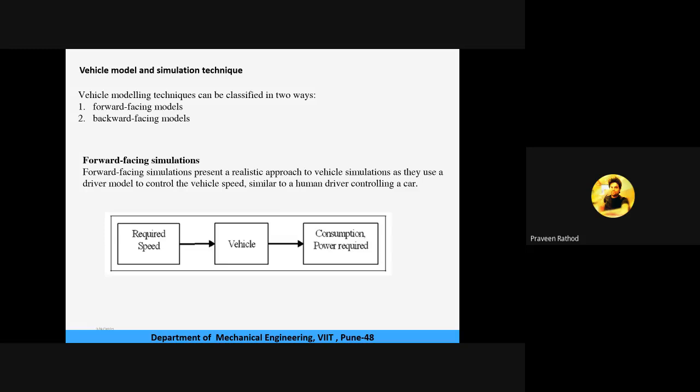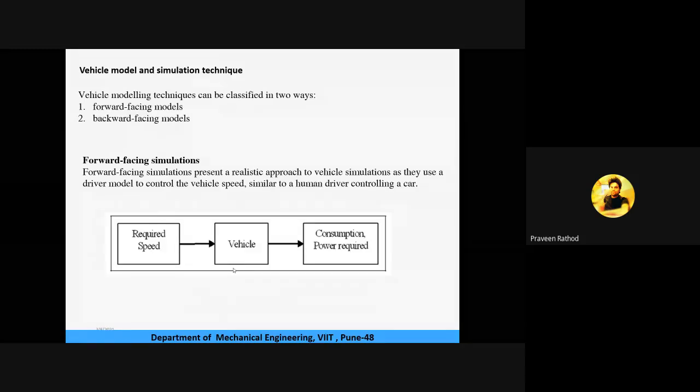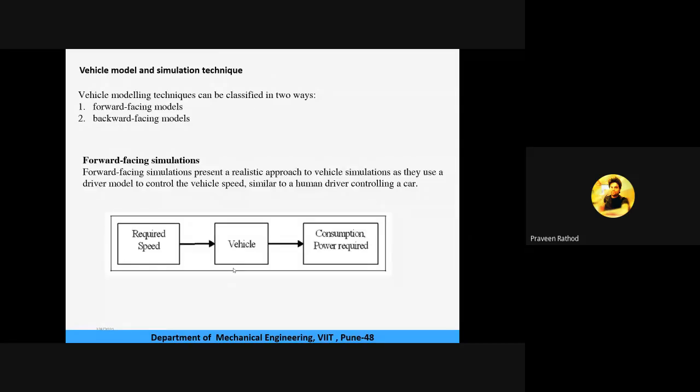Okay, so as I said over here, the longitudinal model has been taken into consideration, and lateral dynamics are ignored in the case of forward facing simulations. So whatever electrical vehicle we have designed, we have designed for the forward vehicle simulation. Okay, forward vehicle simulation.